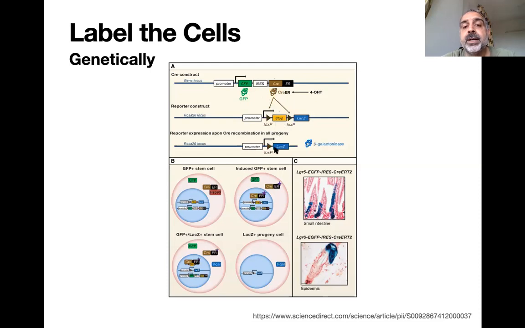And so now in those cells, LacZ is expressed. LacZ is, of course, beta-galactosidase, which you can color blue using particular chemicals. And so in this way, you can start finding the progeny of all of these Cre-expressing cells, and what they've given rise to.